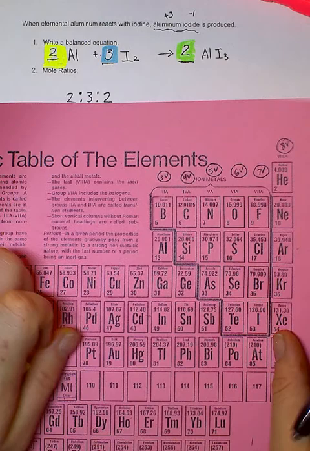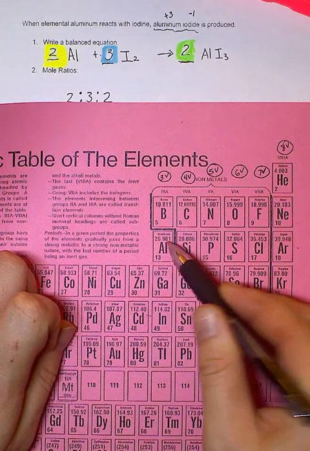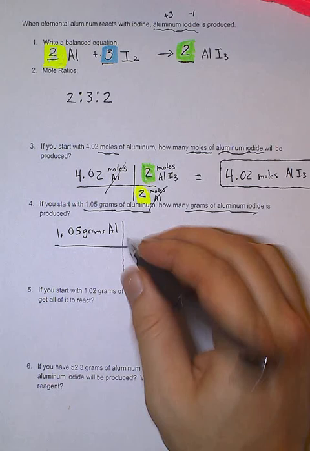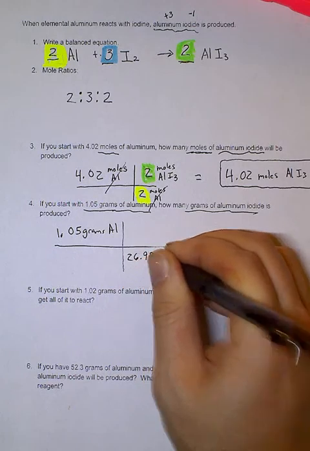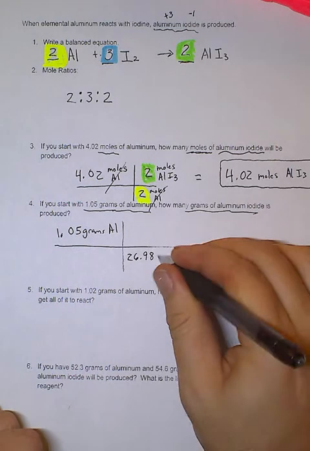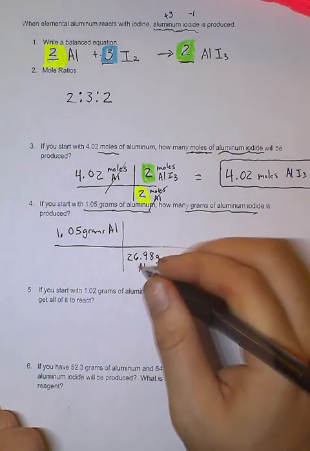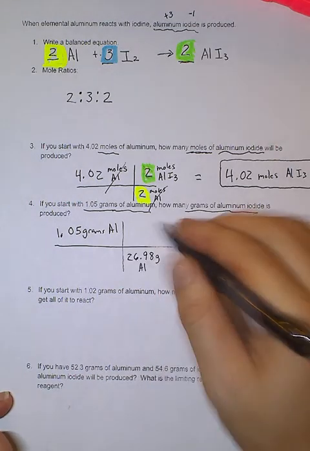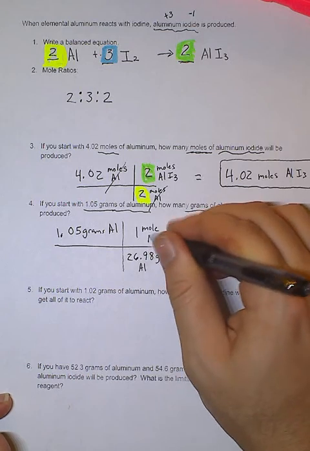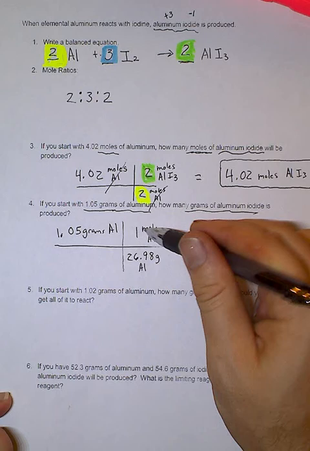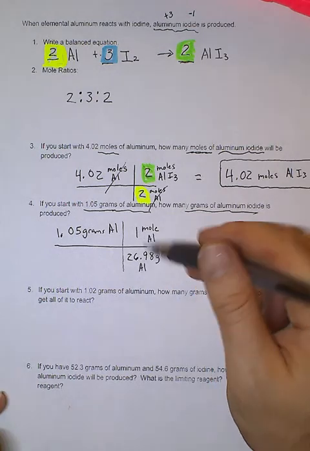We have 26.98 grams of aluminum. Okay? Always dividing it by this, and this is what 1 mole of aluminum weighs. Okay? Top number is always 1, your bottom number is always your molar mass. Okay, that's our first step.